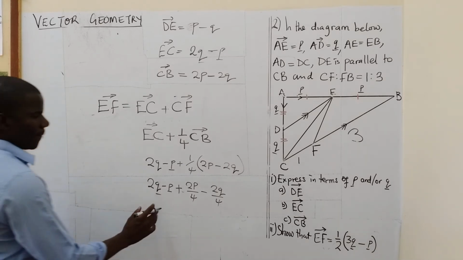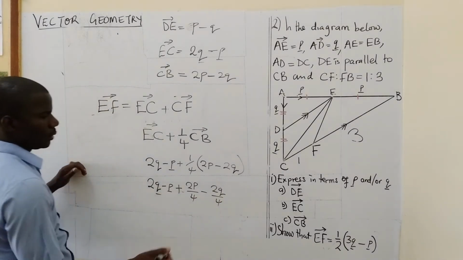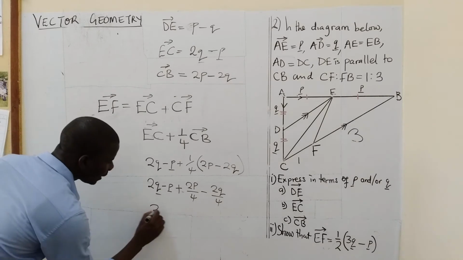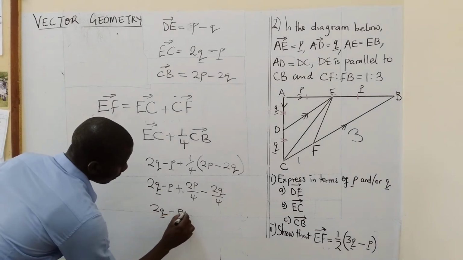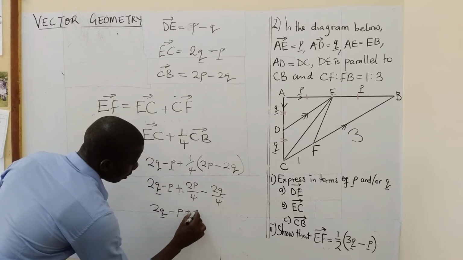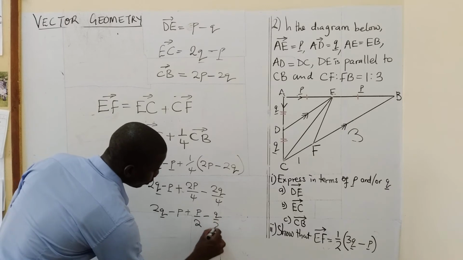The next step is where we can simplify these things, just to avoid bigger numbers, minus p. This is going to be p over 2 minus also q over 2.